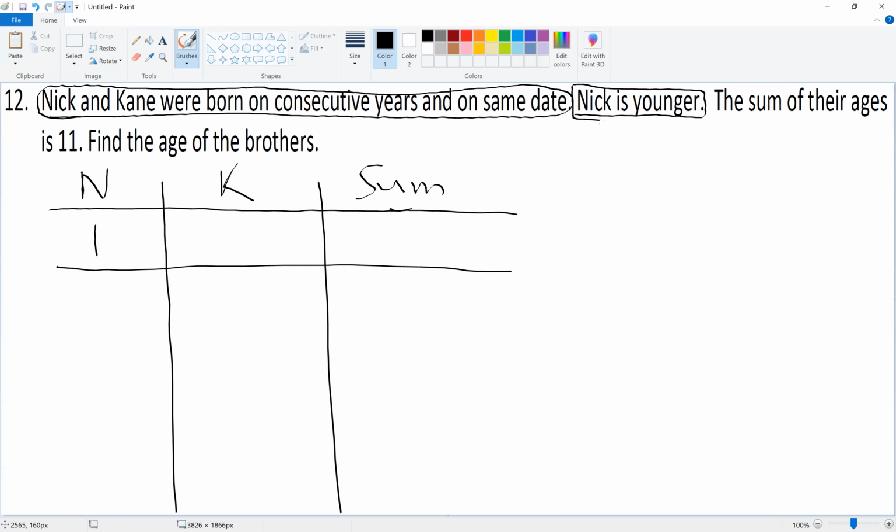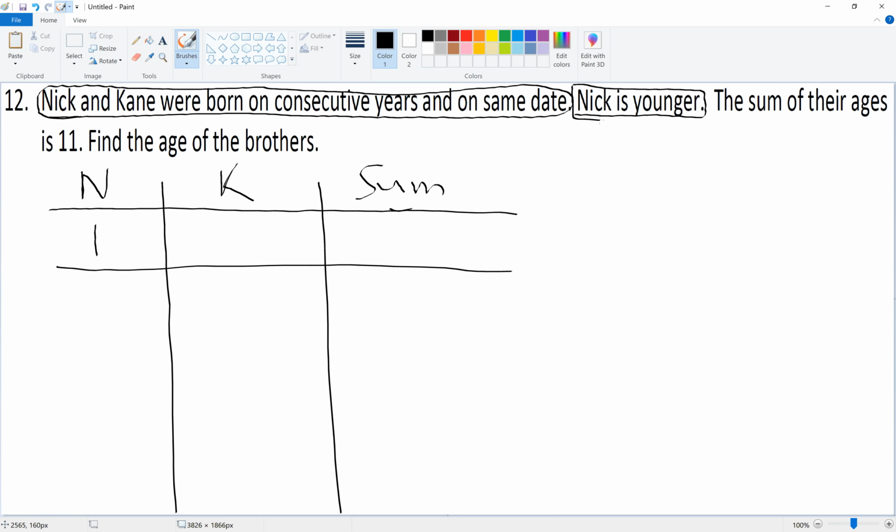What is your birth date? December 15th, 2012. If somebody is born on December 15, 2013, and you are 12, what would the age of that person be?